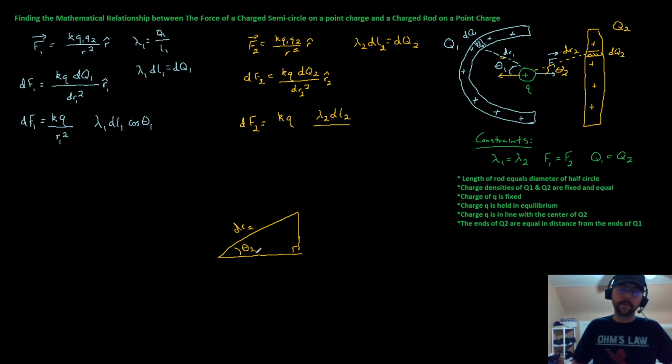Now, if we're on the xy plane, we see that this is the x position. This is the y position. So for dr sub 2, we're going to substitute in dr equals the square root of x squared plus y squared.